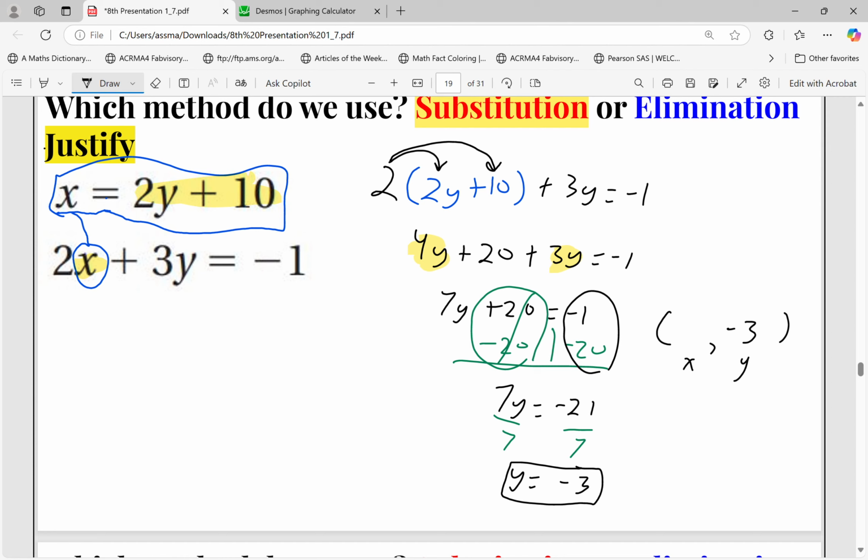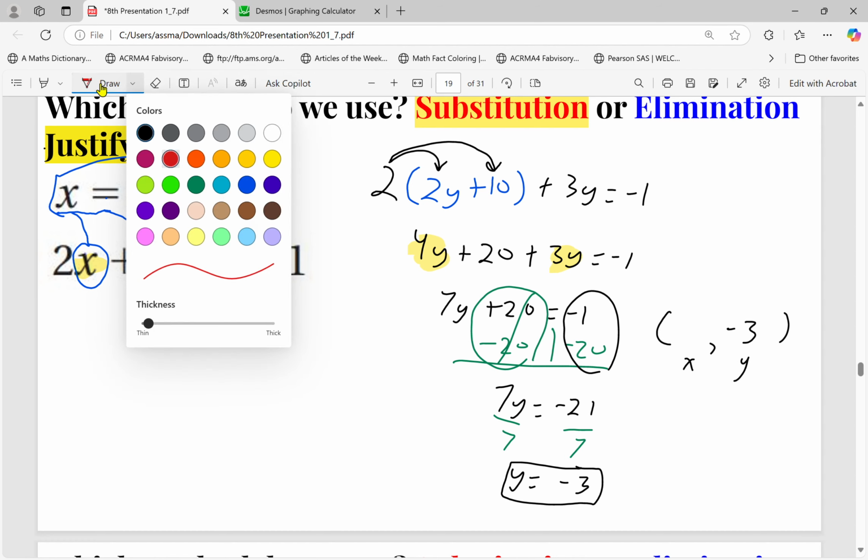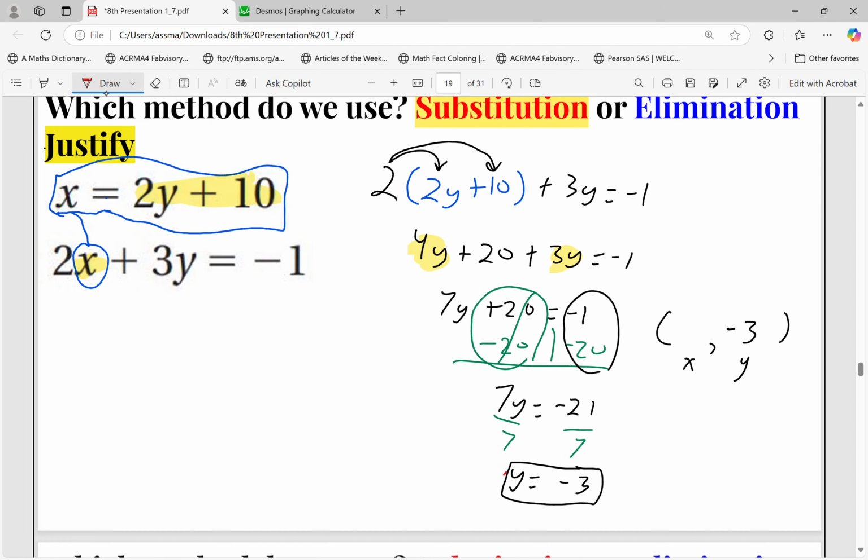Now we have to find the x value. What I like to do is take what I got for y and plug it into the first equation here, because it just looks a lot easier. So I'm going to substitute the y with negative 3.